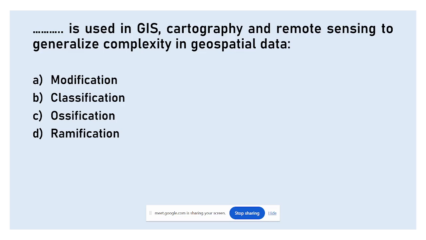This also I don't think I've discussed, but yeah, dash is used in GIS, cartography, and remote sensing to generalize complexity in, okay, this I've discussed, generalize complexity in geospatial data.